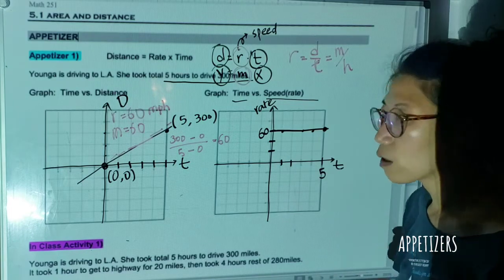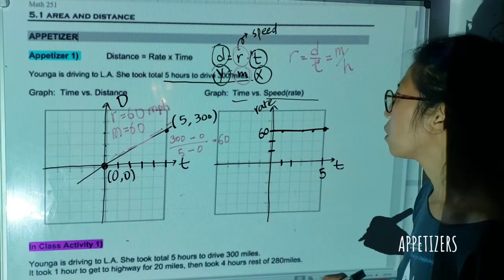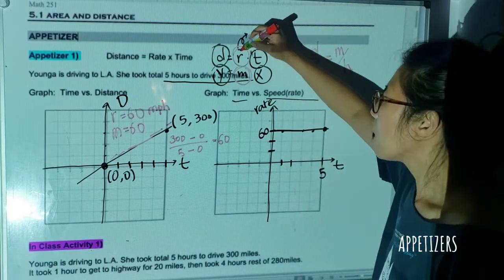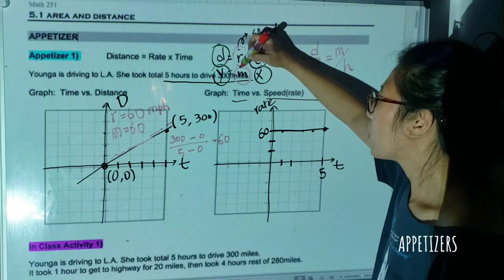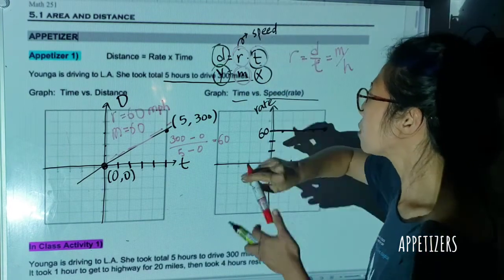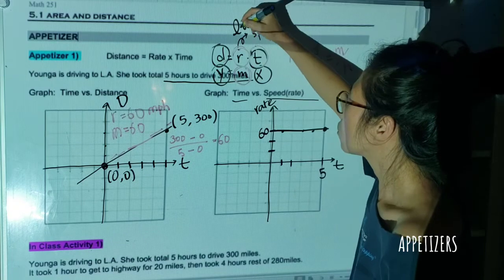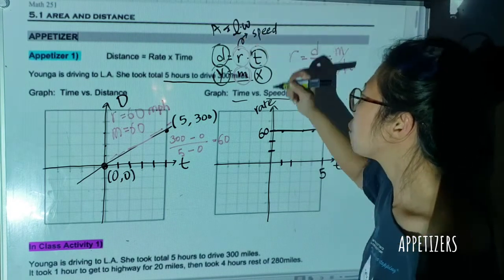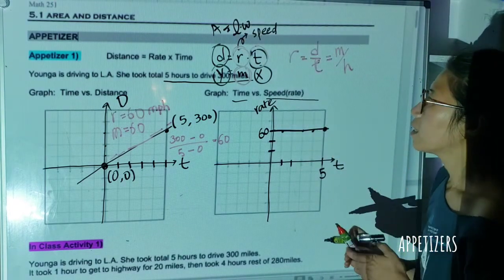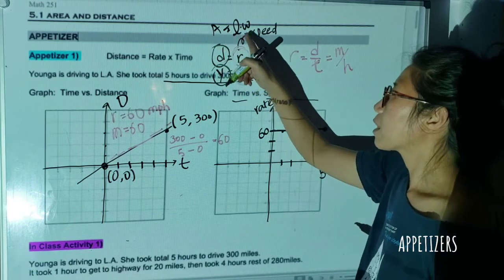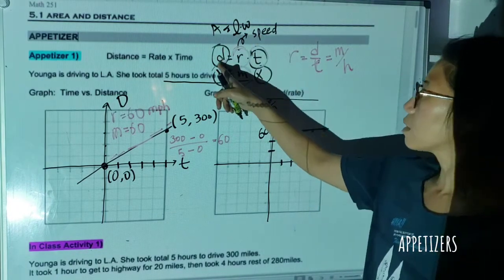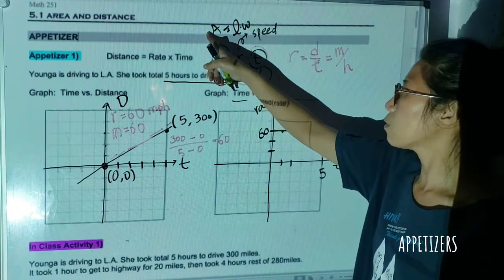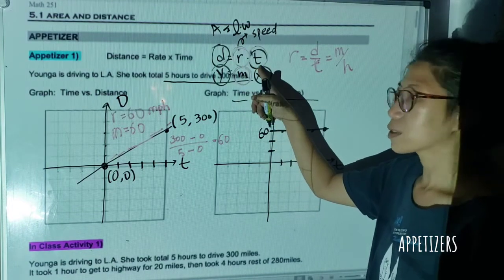Okay, now what they're saying is that distance is rate times time. That means length times width. Do you see it as area? If I try to find the area, we multiply length and width. So distance has the same relationship as area, which is rate times time.